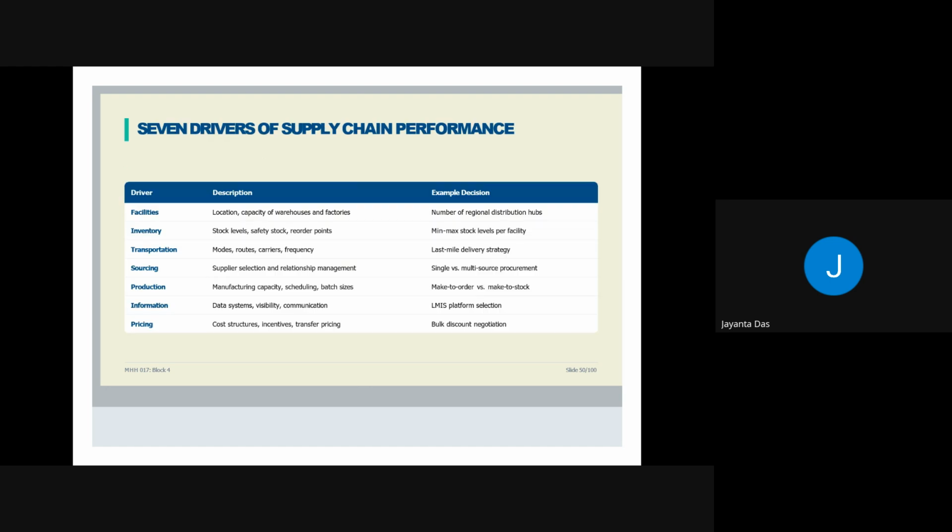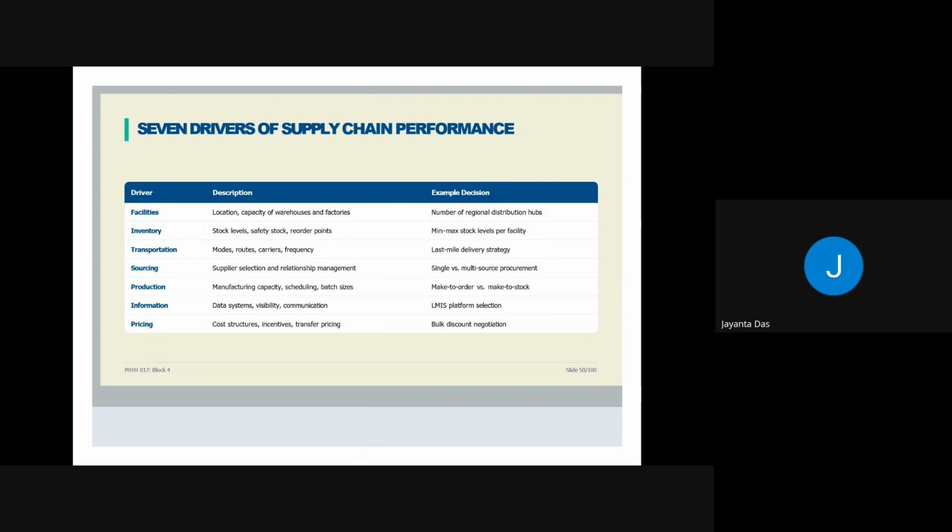So, seven drivers of supply chain performance. First is facilities, that is the location and capacity of warehouses and the factories where these are being manufactured. Second is inventory, that means the stock level, safety stock, reorder points, how well you have analyzed and prepared yourself so that you can ensure no stockouts, and at the same time no overstocking, or minimum stockouts and minimum overstocking to the extent possible.